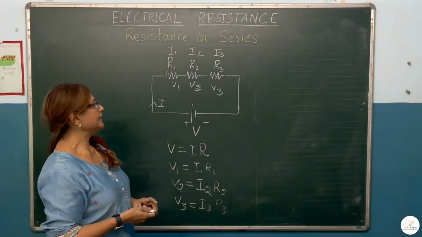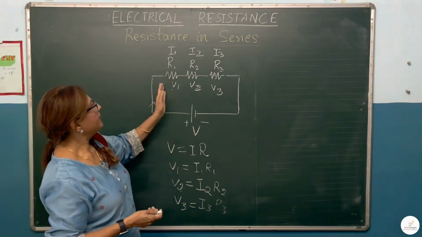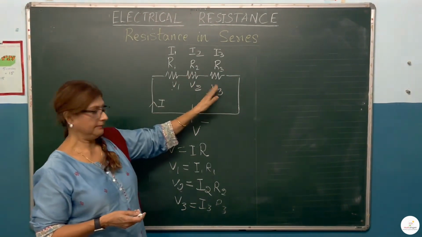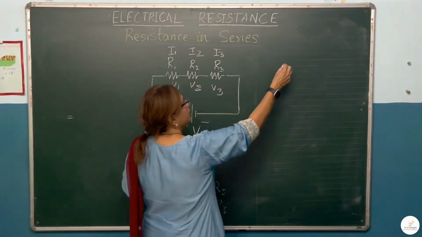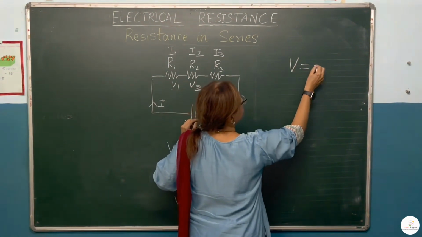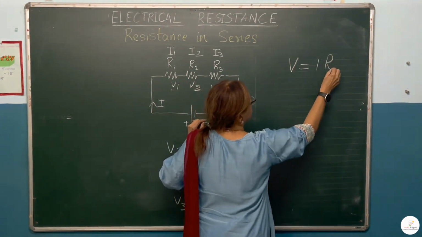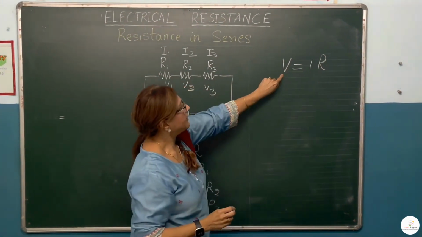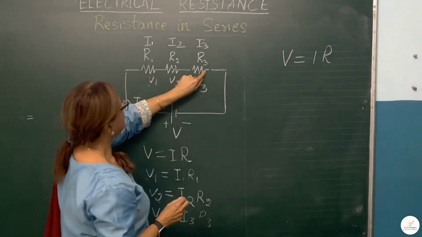Okay, so as I said, Ohm's law can be applied to any individual resistor. And we know that Ohm's law is V is equal to IR. Now, this V can be substituted for all.